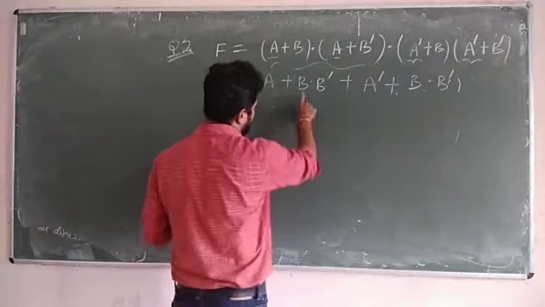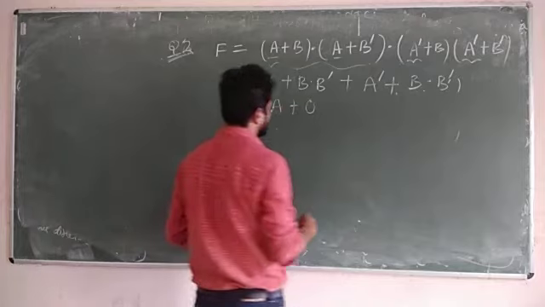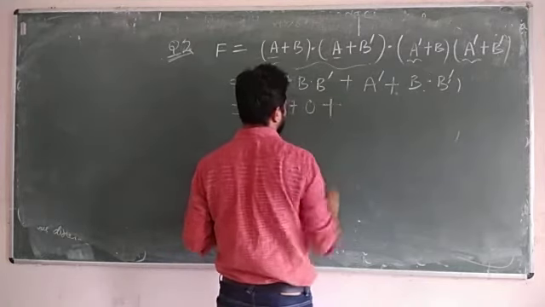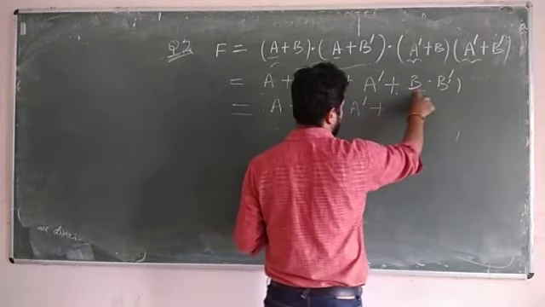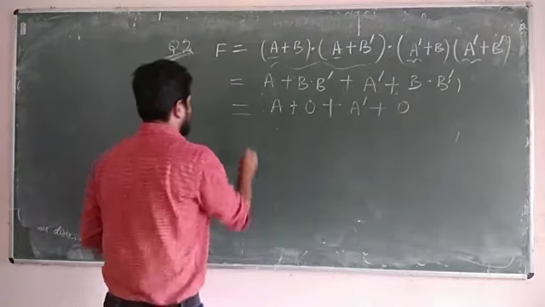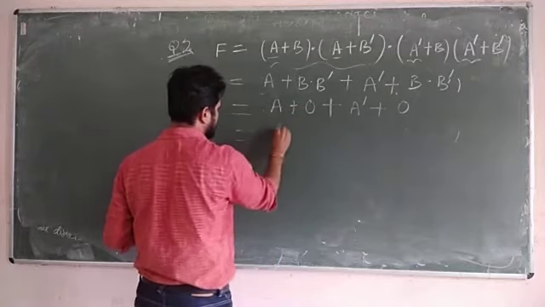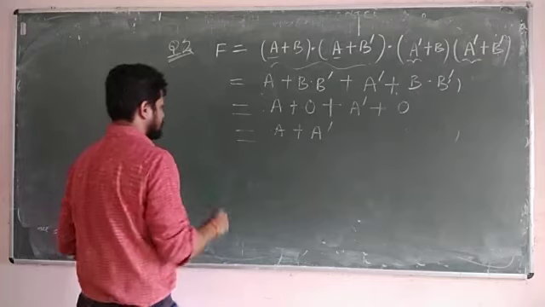So B and B complement is always equal to 0, that is the conclusion from your AND law. You should revise that. Again, B and B complement is always equal to 0. So if 0 is ORed with the remaining variable, you will have A or A complement.